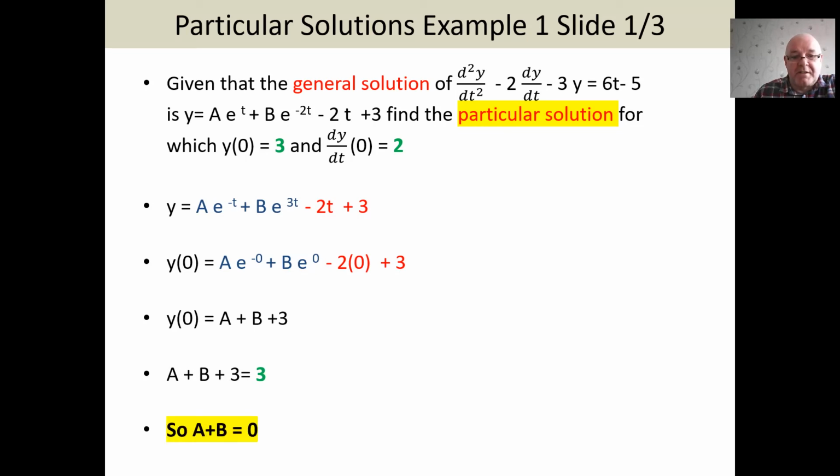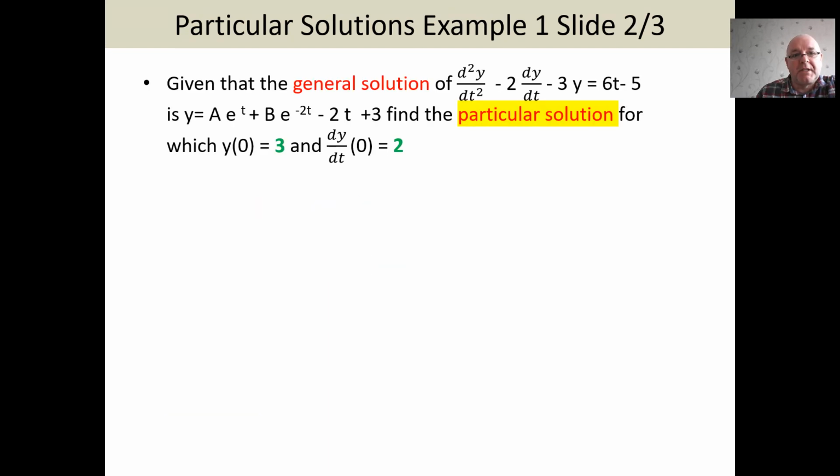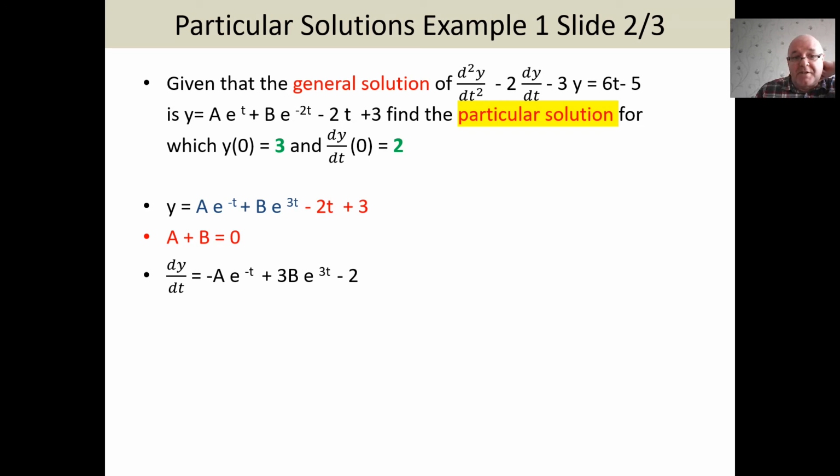Therefore, a plus b is 0. That's the first of our equations. That means a is the negative of b. If b is 12, a would be negative 12, and so forth. But that's just the first of the two equations. Let's find the other one. To find it, we need to find dy/dt. So dy/dt turns out to be that.